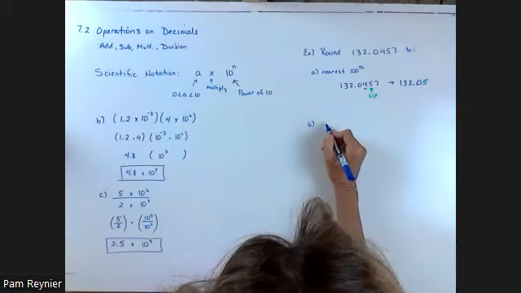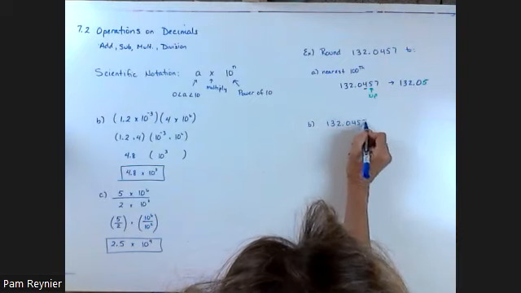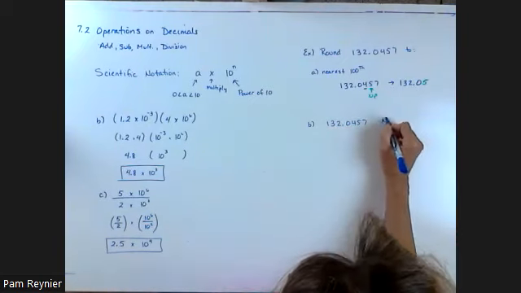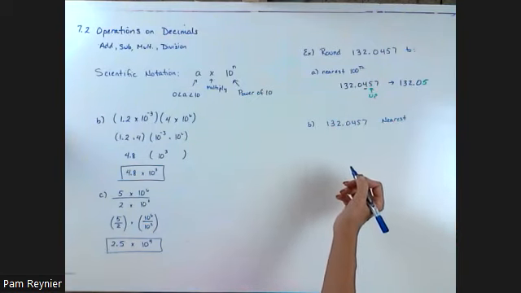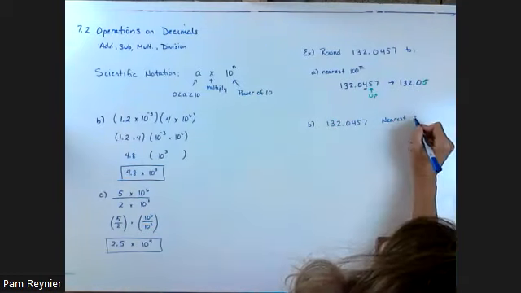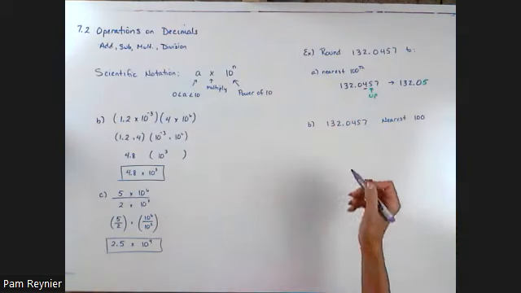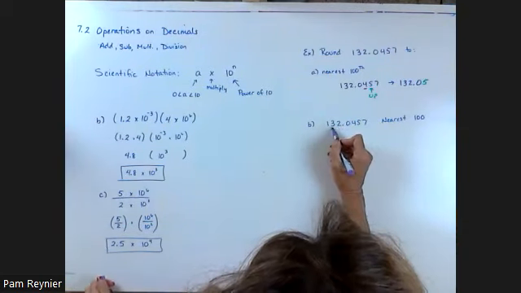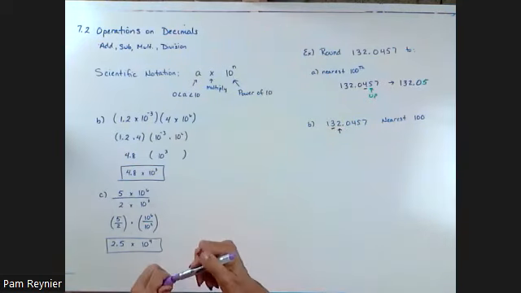Now, let's say I give you the same number. And this time I want you to go to the nearest 100. No "th." So the nearest 100. Well, look at how many 10s you have next to it.